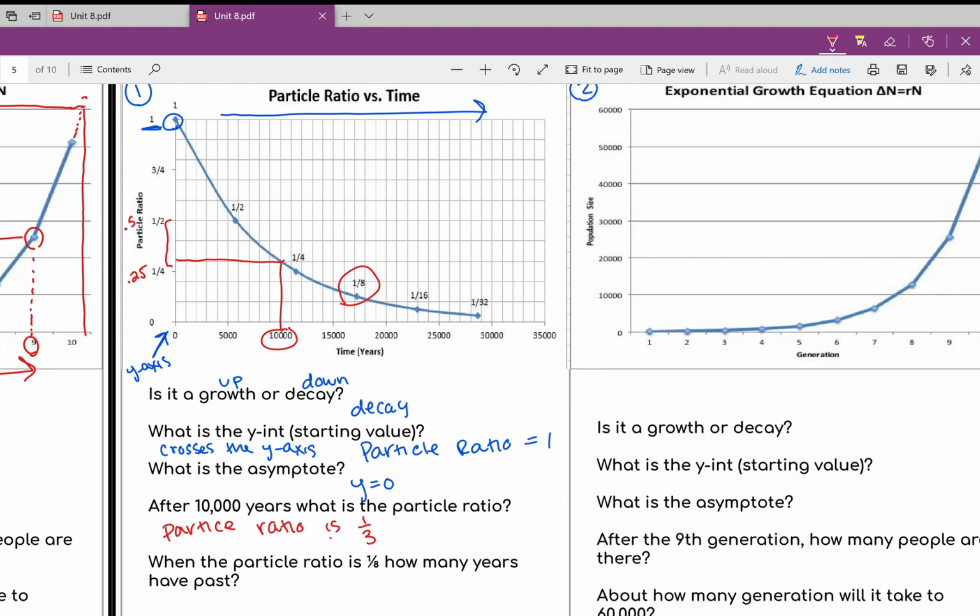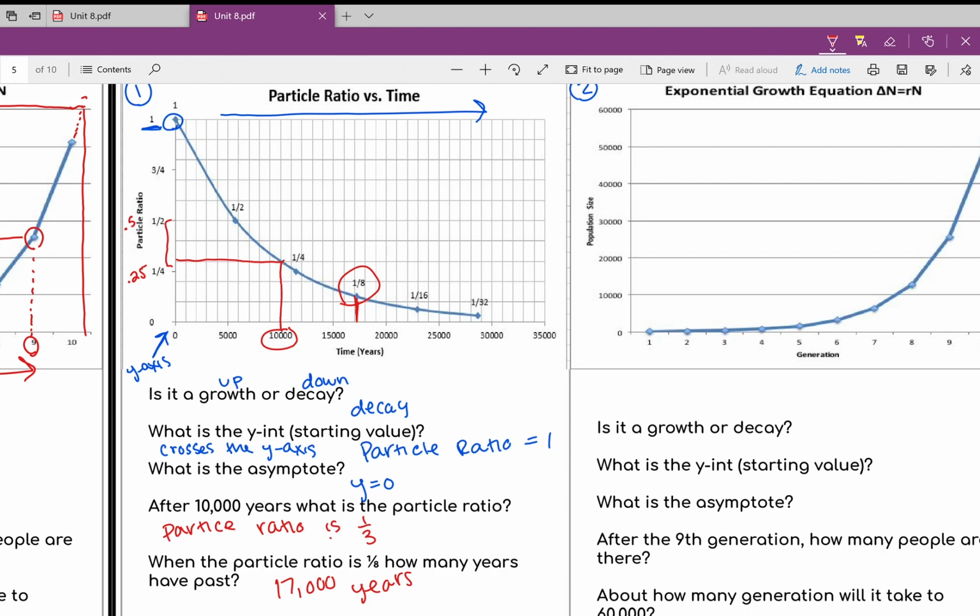If we bring this down here, it looks like this is going by 1,000. Let's see, 16, 17, 18, 19. Yeah, so this is about 17,000 years. If you put anything around there, then that would be correct.